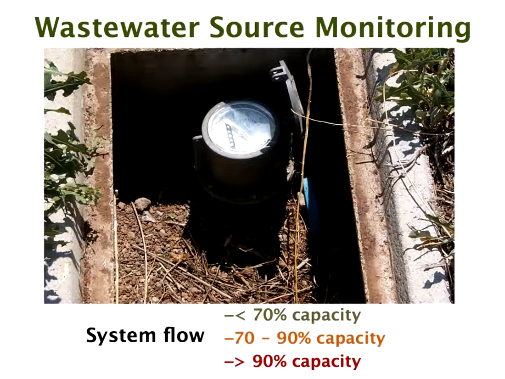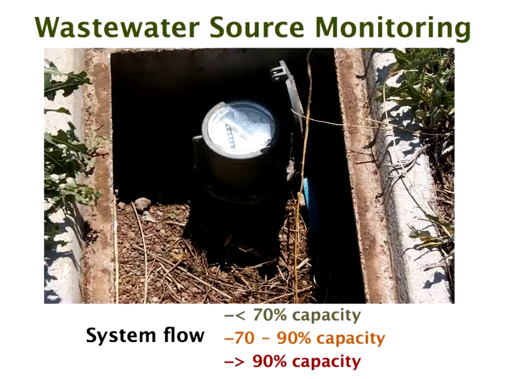You need to monitor the flow. It's very important from a maintenance point of view to make sure that the system isn't being overloaded. You just have to read the flow meter every visit and do the arithmetic, divide it by the number of days, and see whether it is within the design capacity. Typically, you'll be below 70% of the design capacity.